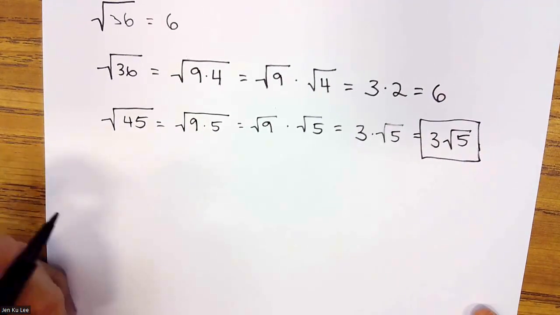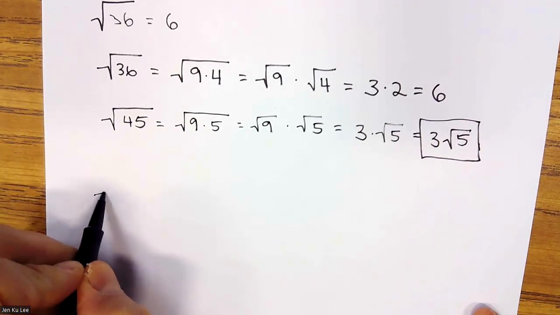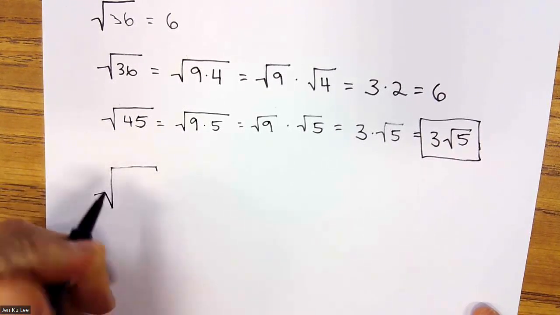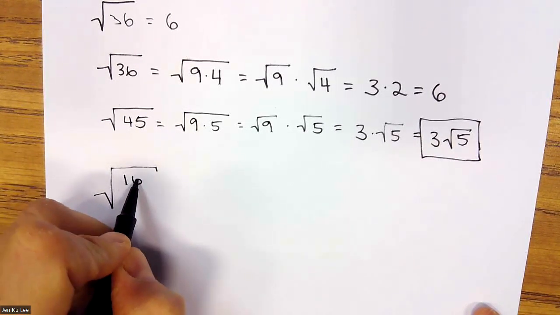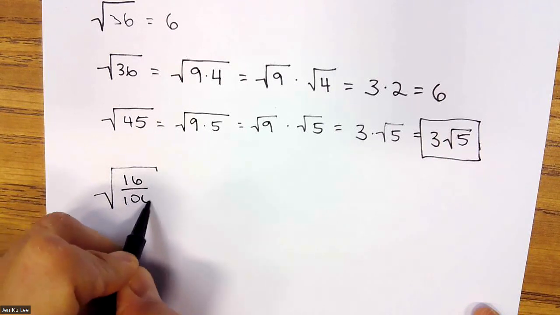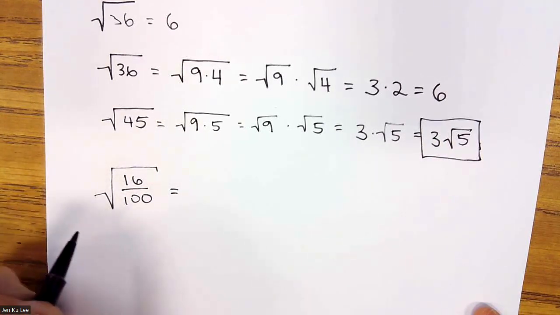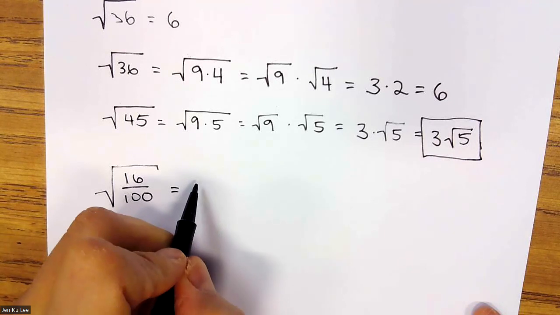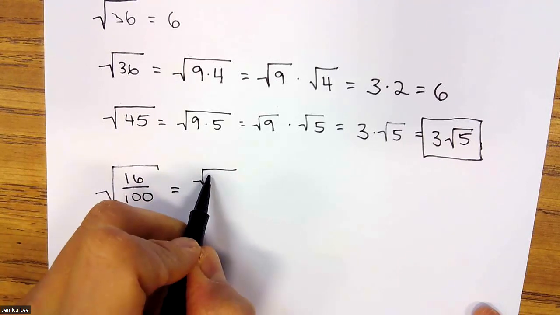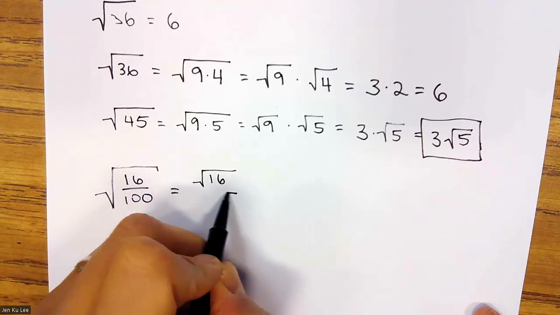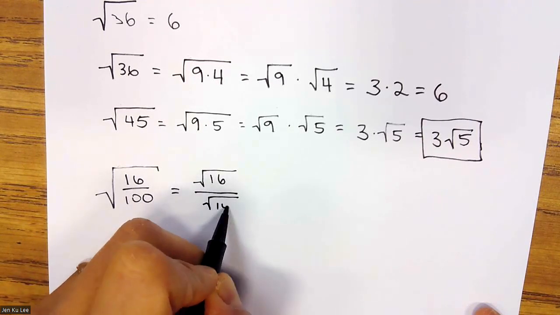Same thing goes with division as well. If we have something like the square root of 16 over 100, the square root of 16 over 100 can go 16 over the square root of 100.